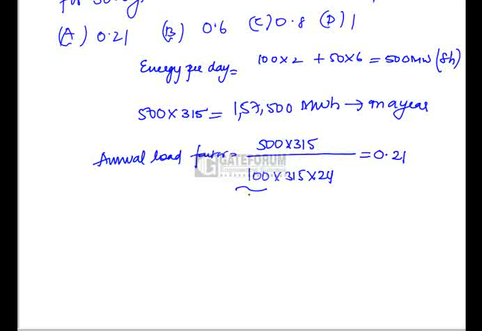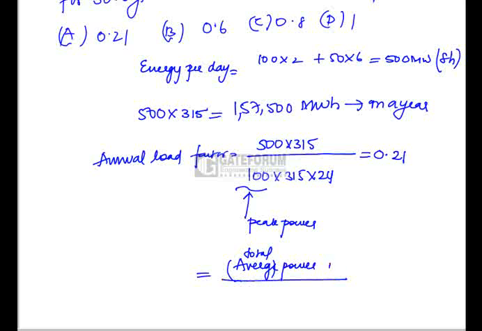Okay, what is this? This 100 is the peak power. You can say annual load factor is average power, or you can say total energy in a year divided by peak power into annual period, into 100.